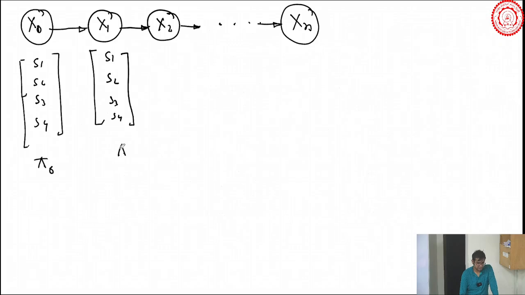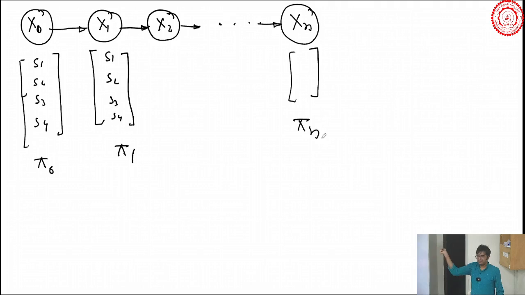This was pi 1, and here if you write the same thing, that was my pi n. And these were connected using the transition matrix P. The diagram is clear? You can relate it with the derivation we did, right? You can follow the derivation, right? And relate it with this one. Any doubt?